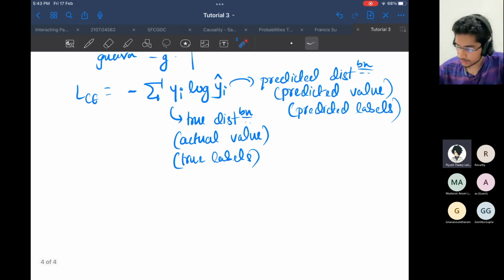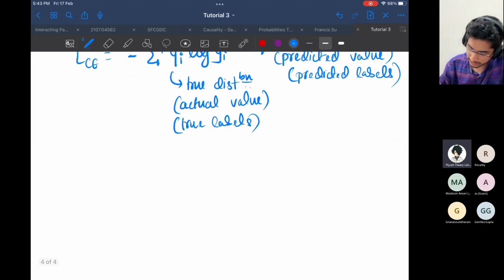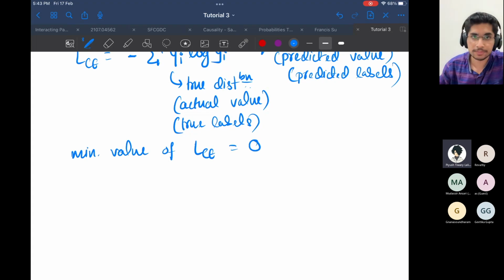So this is the cross entropy loss. I hope that you remember from the lectures that the minimum value of LCE, the cross entropy loss, is zero. So the minimum value that the cross entropy loss can take is zero. In other words, if I write it mathematically, LCE is always greater than or equal to zero.